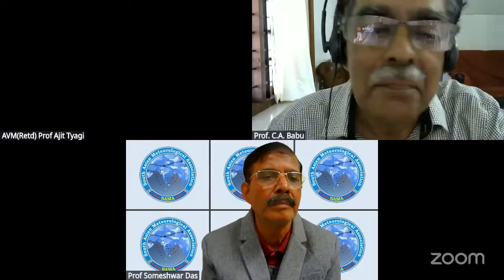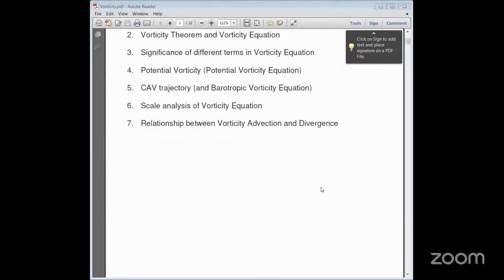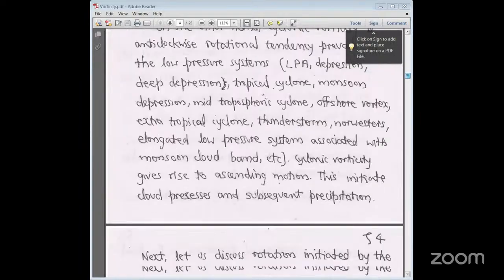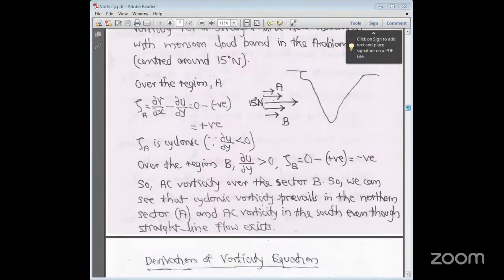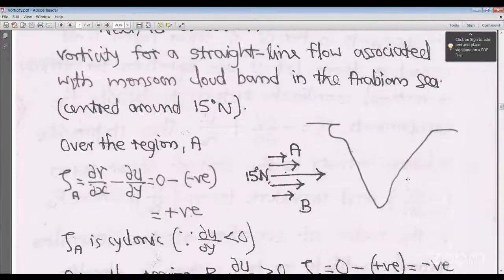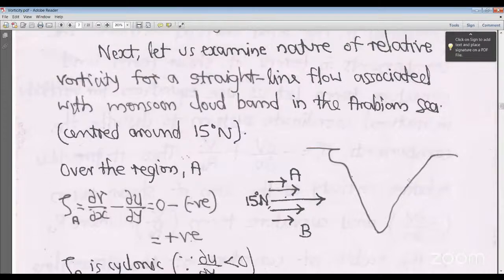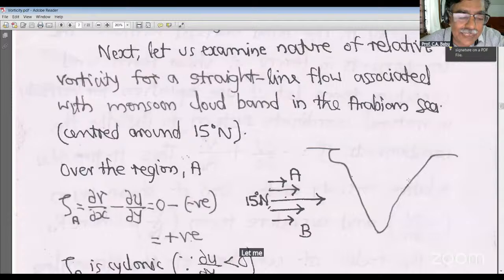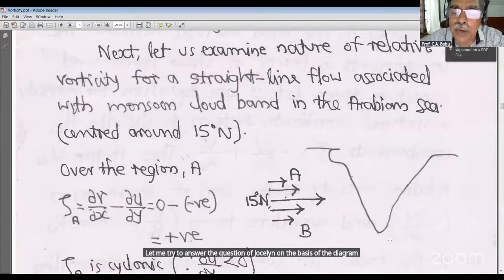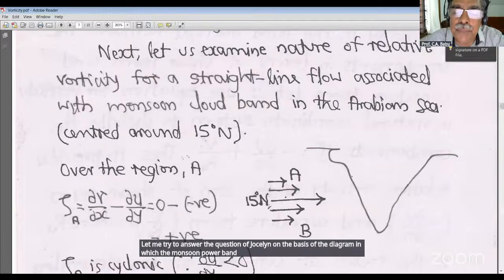Let me share the screen again. Let me try to answer the question of Jocelyn on the basis of the diagram in which the monsoon cloud band center is around 15° north.